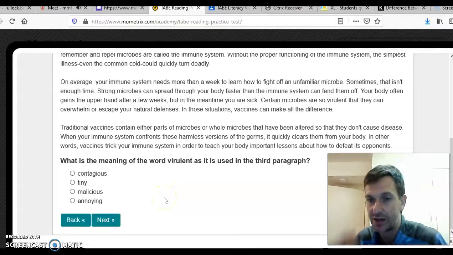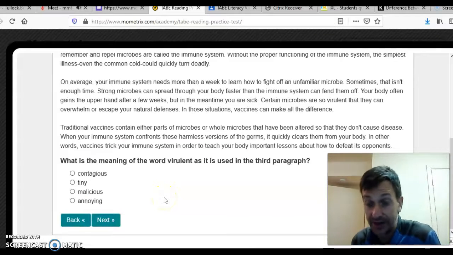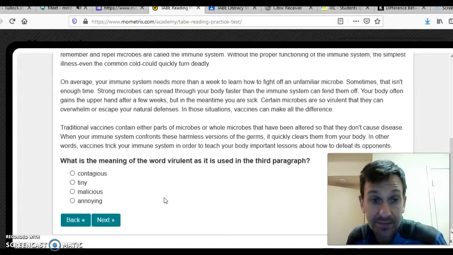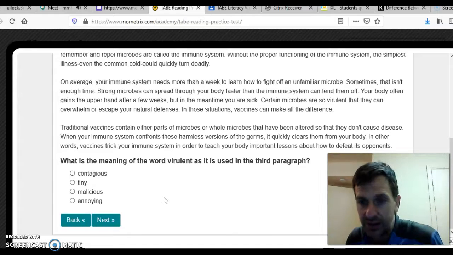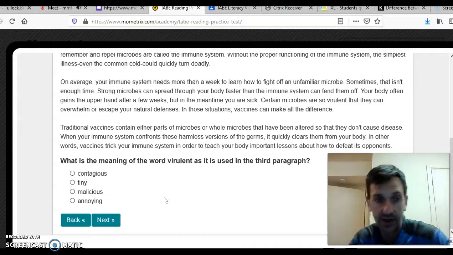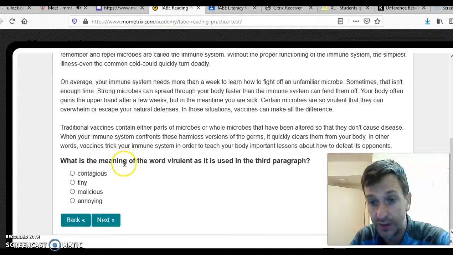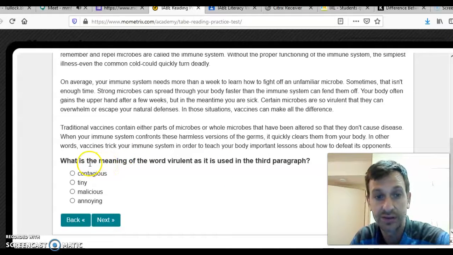Some things are just not possible to skim and scan. So we need to make sure, like we talked about the last 2 days, that you're reading when you need to, and skimming and scanning when you have to. Alright? So this one is a question we can use scanning for.